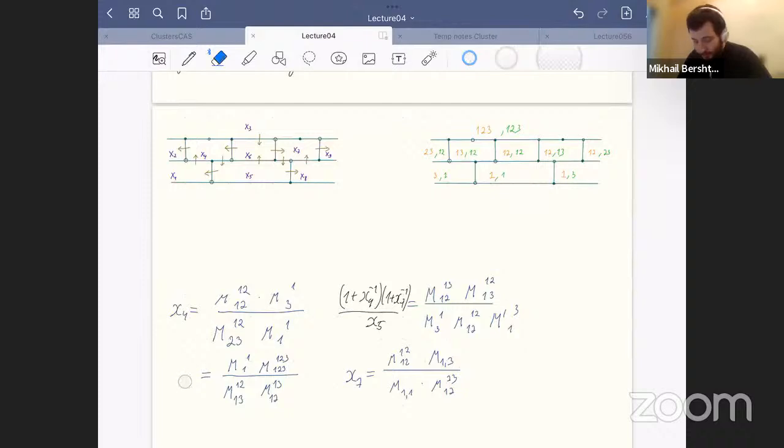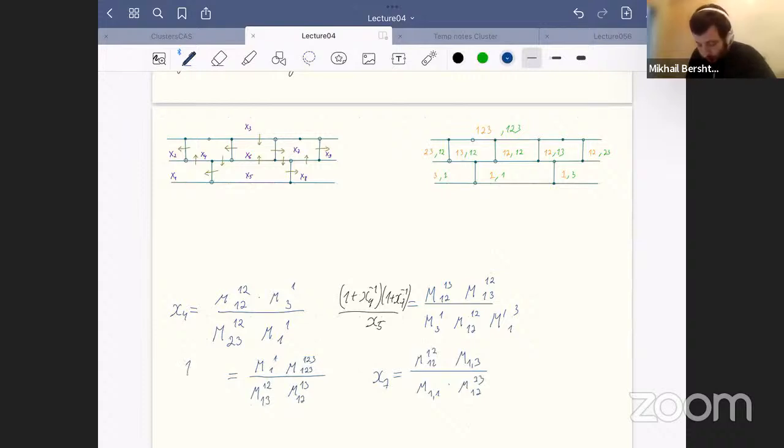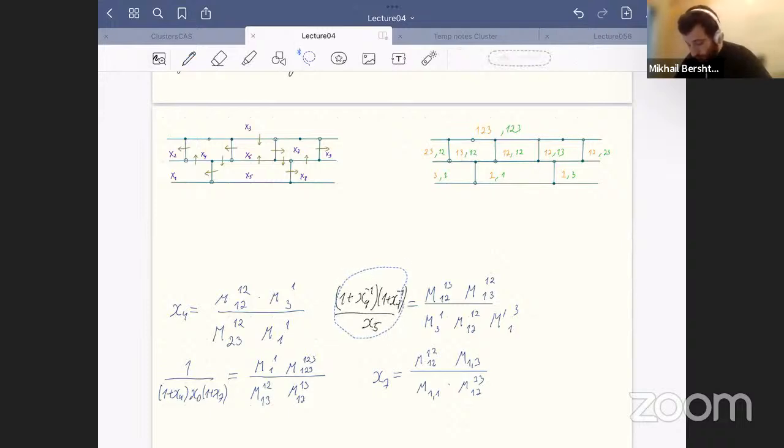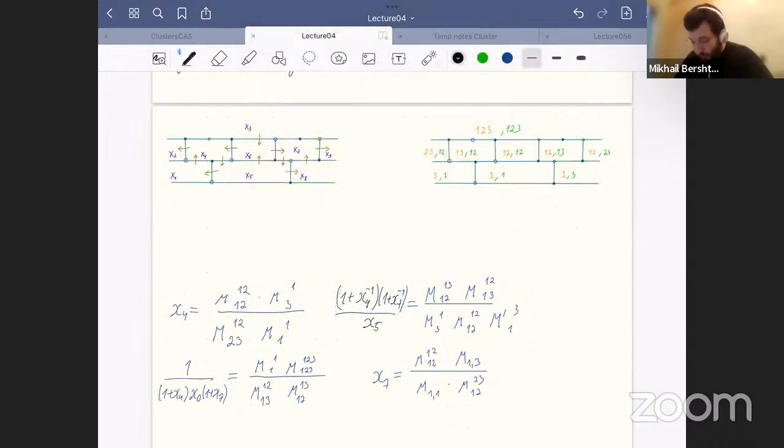Instead of x6, we will get one over something. So this is a computation for the original matrix.